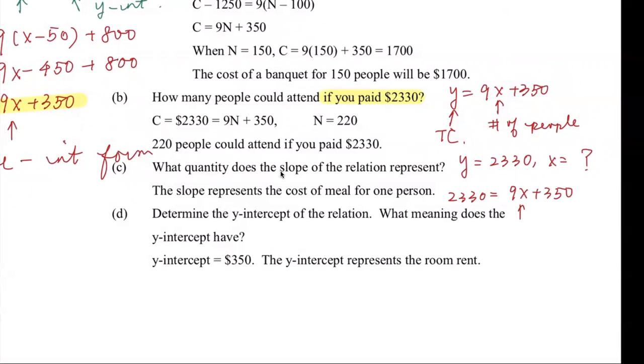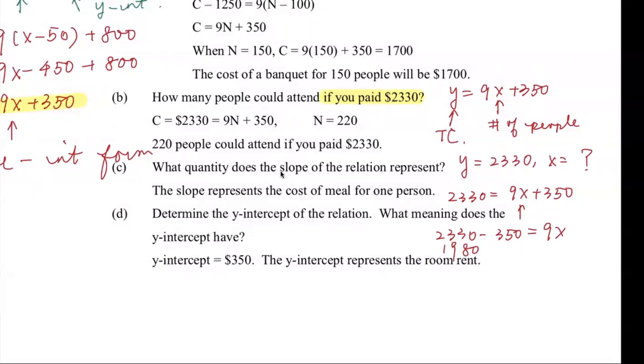We just use the basic mathematical operation to find X. We move 350 to this side of the equation, minus 350, and 9x is left on the right side of the equation. So 2330 minus 350, that should be 1980, right?